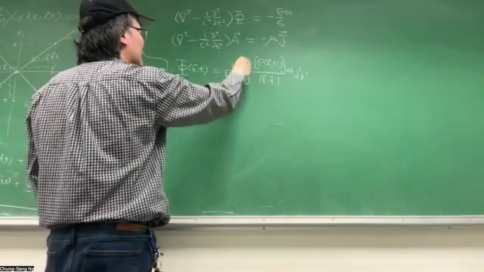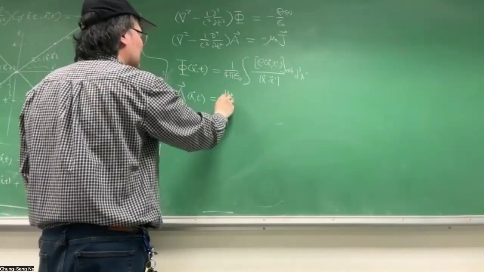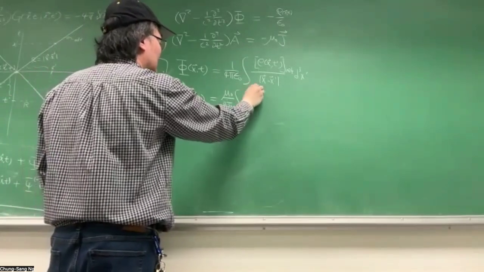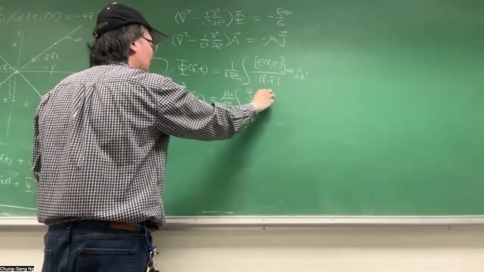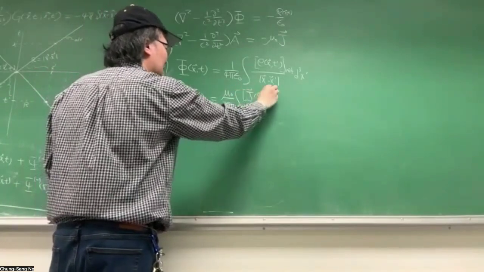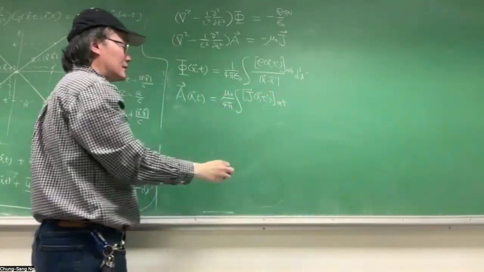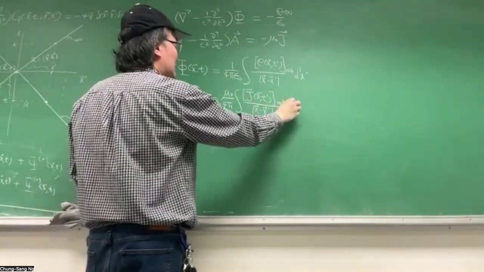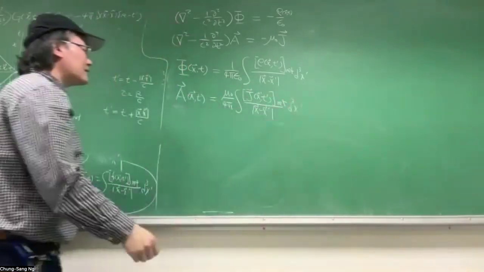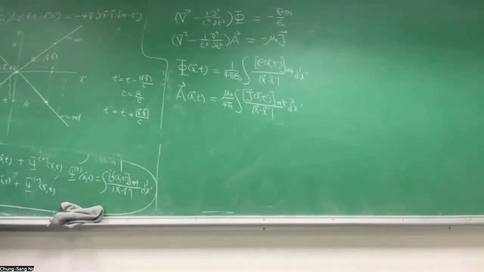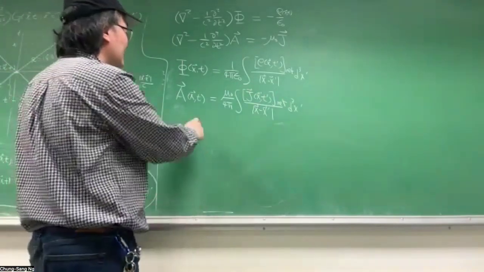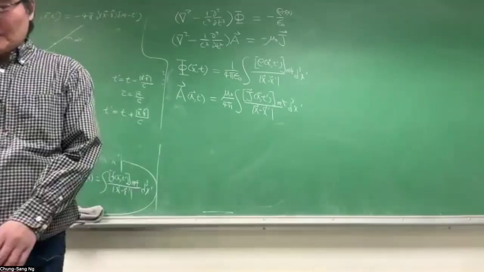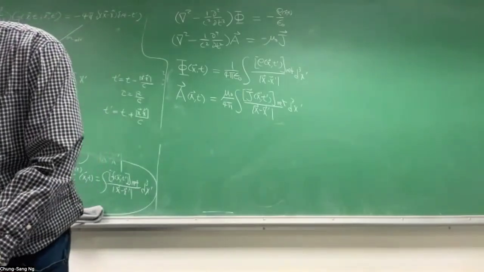Now, instead of epsilon zero, you have mu sub 0, and you have the current density depending on x prime and t prime, which you put in the retarded bracket. That is also similar to the magnetostatic solution that we found. So everything just works out.